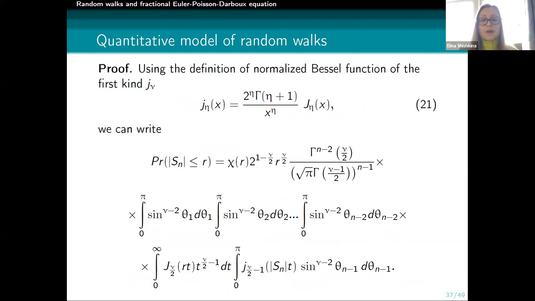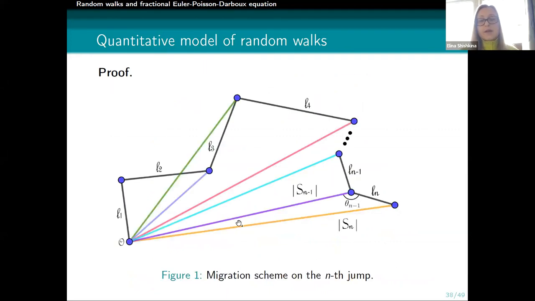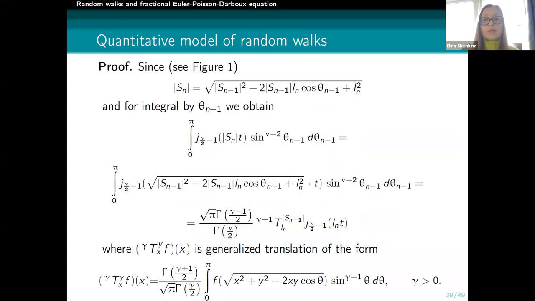Then we can see that we can calculate S_n using S_{n-1} and L_n and the angle theta_{n-1}, because it is just the length of this segment. And we know how to calculate the length of this segment. It is just calculated by this formula.